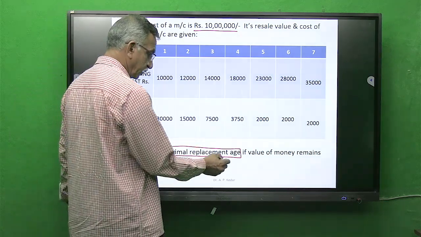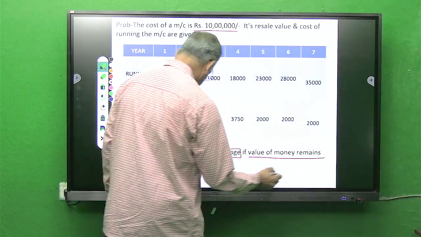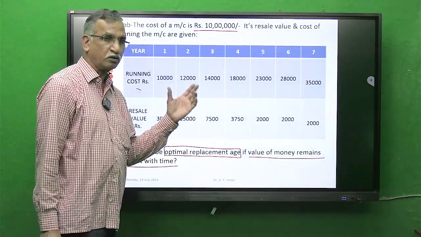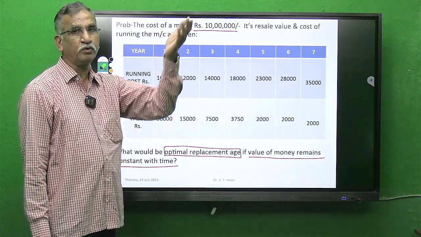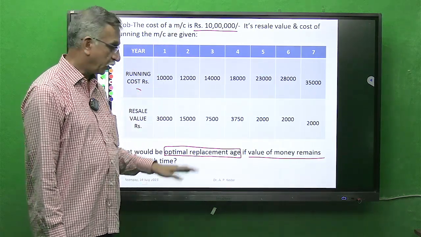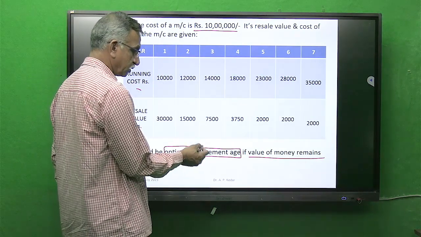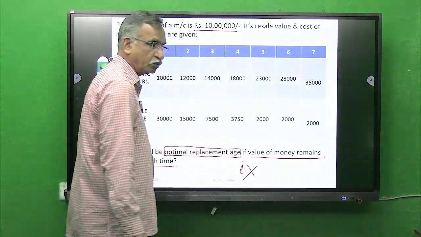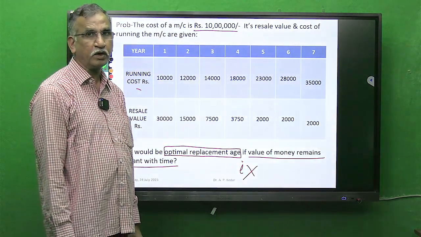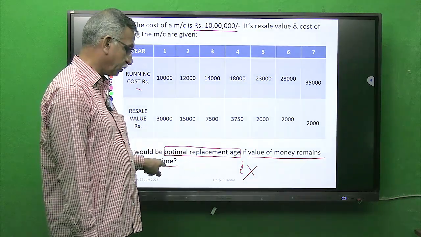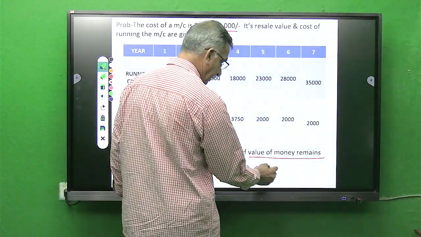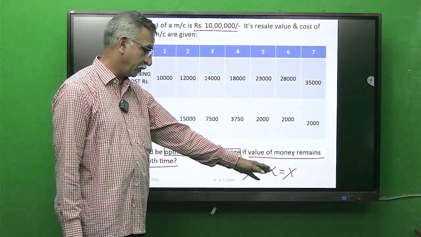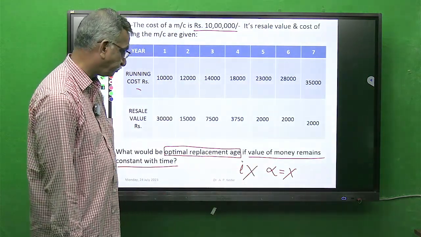If the value of money remains constant with time, if whatever value today will be the value in future, with that assumption, as we have seen just now, there is no presence of i, there is no need to assume any value of i for such a given case, and when there is no i, obviously the alpha parameter will be absent.